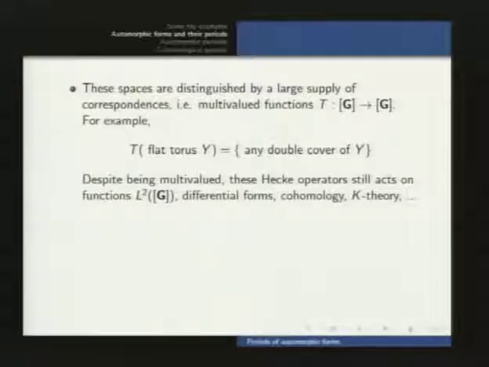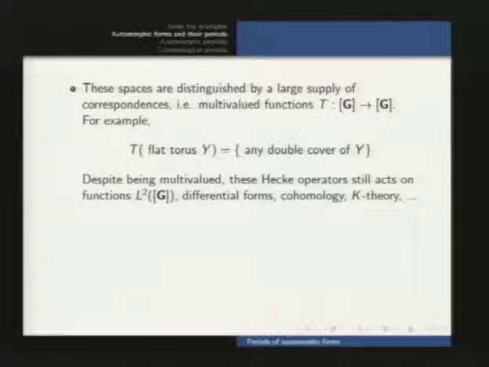So multi-valued functions, which take in a point and spit out several other points. So I've just said how this works in the case of GLn. A typical example: you can take in a flat torus and spit out all its double covers. Okay, so there are maybe 2 to the n minus 1 of them. Each one of them comes with a Riemannian metric inherited from down below. So you've taken in one point and produced several.